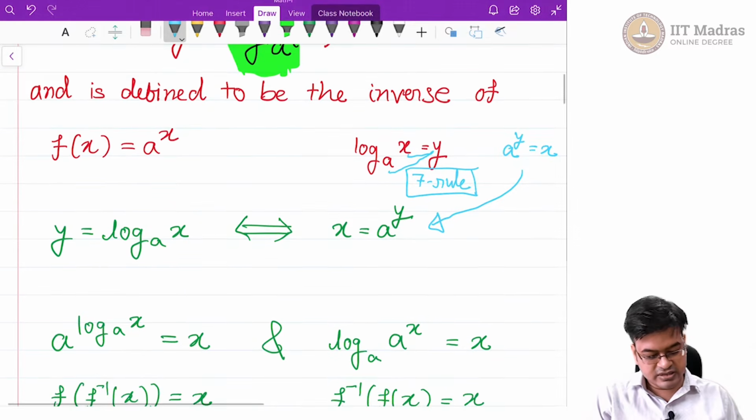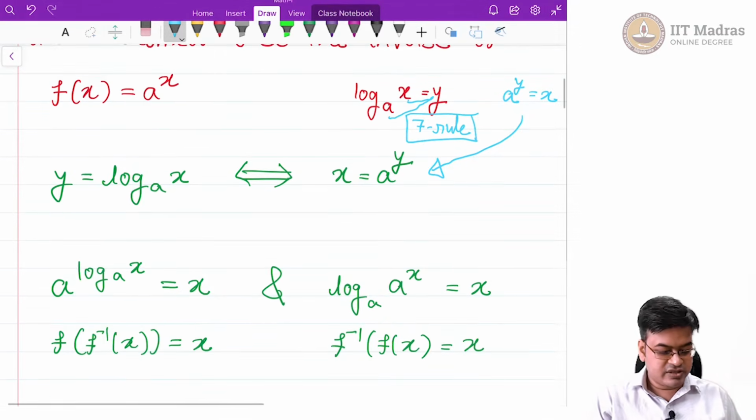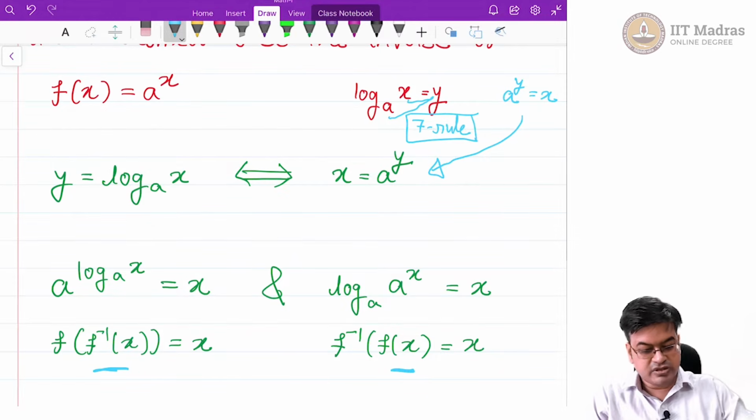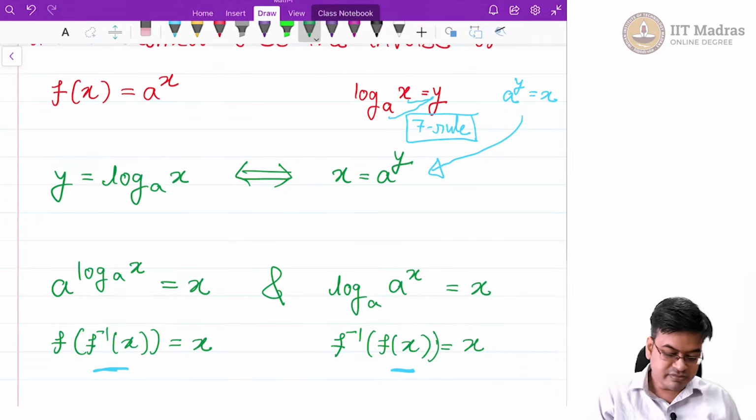So as stated earlier, we can actually check these two rules. f of f inverse of x should be x, and f inverse of f of x should also be equal to x, right? So what is f inverse of x? As I mentioned earlier, f inverse of x is nothing but log of x to the base a, and f is a raised to x.